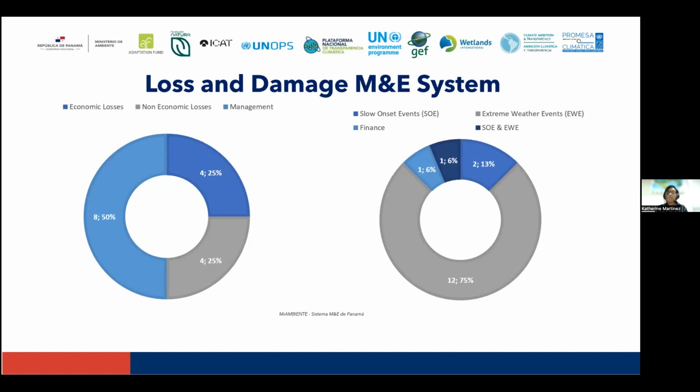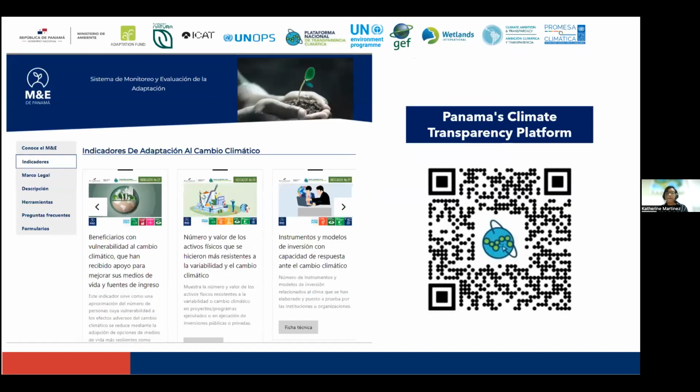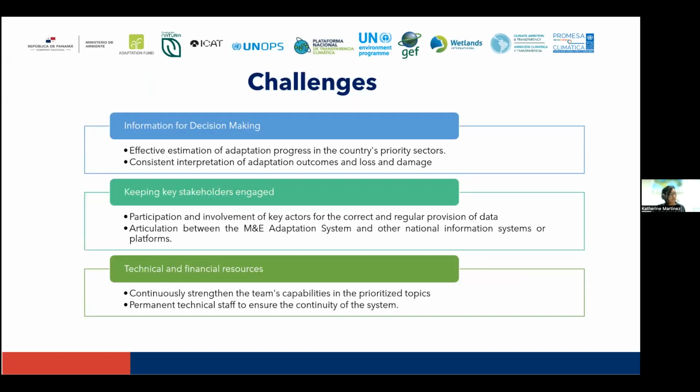On the other hand, those indicators are also related to extreme weather events, slow onset events, and finance, and one of the 16 indicators can represent both slow onset events and extreme weather events in its information. This is Panama's Climate Transparency Platform, where we have all the information that we have been collecting these years, and we have the information related to the indicators.